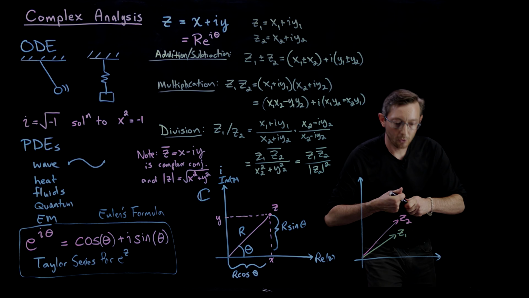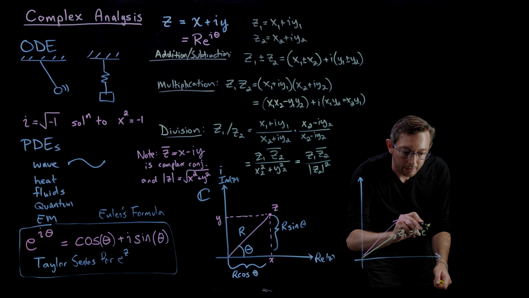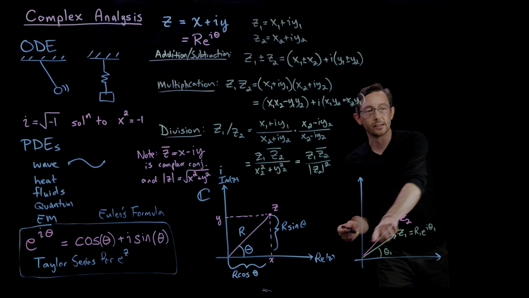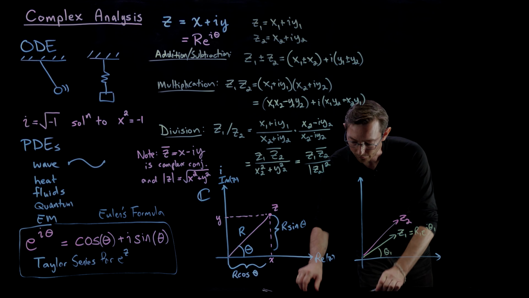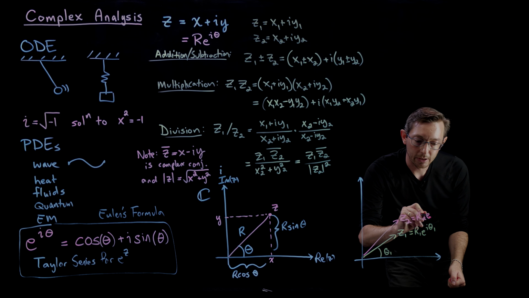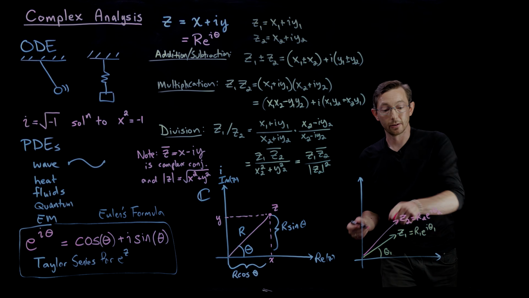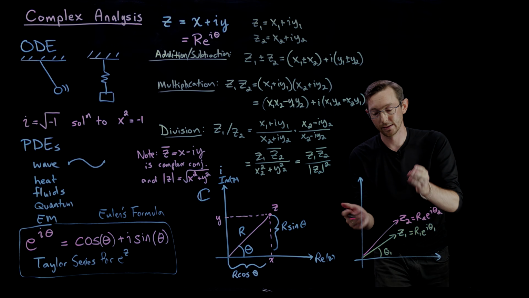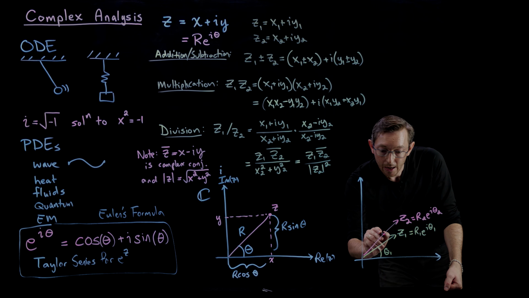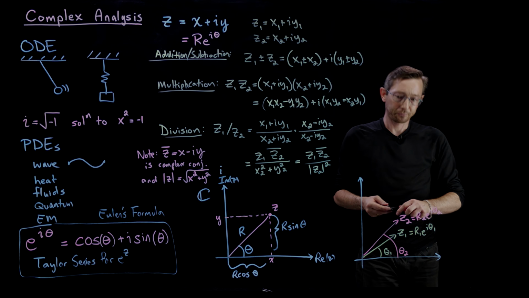I'm going to say that z1 equals r1 e to the i theta 1. So this is theta 1, and its length is r1. And z2 is r2 e to the i theta 2. Again, the length of this vector is r2, that's its radius, and this has an angle theta 2.